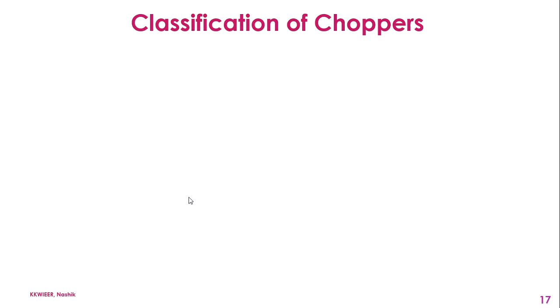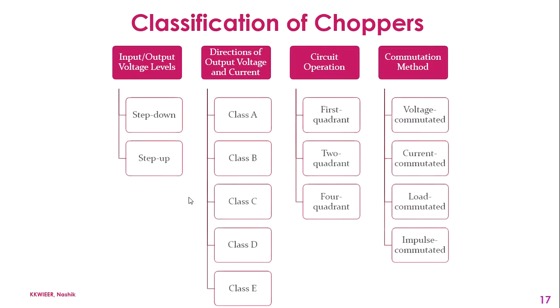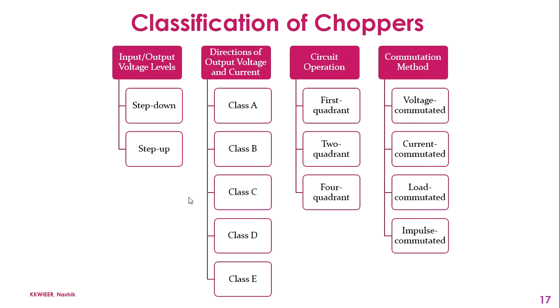Now we will see the classification of choppers. Classification can be done on the basis of input-output voltage levels or the direction of output voltage and current. It can also be categorized by circuit operation or commutation methods. So this is the broad classification of choppers. According to the input-output voltage level, choppers can be classified as step-down or step-up choppers.